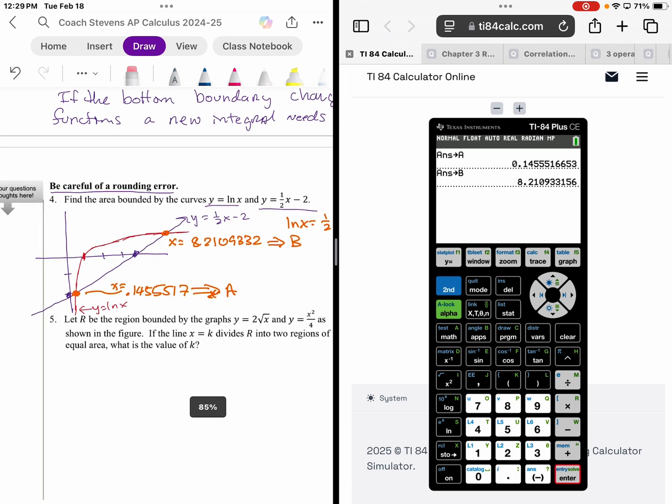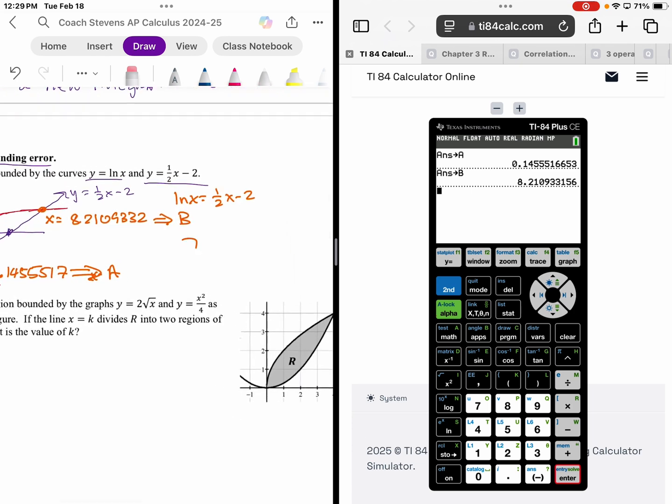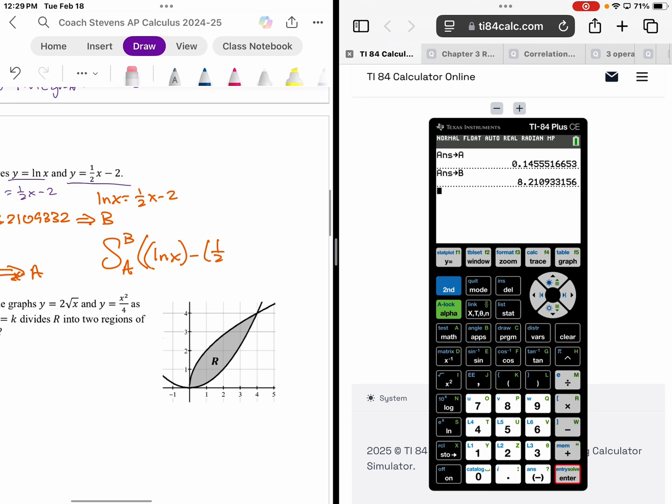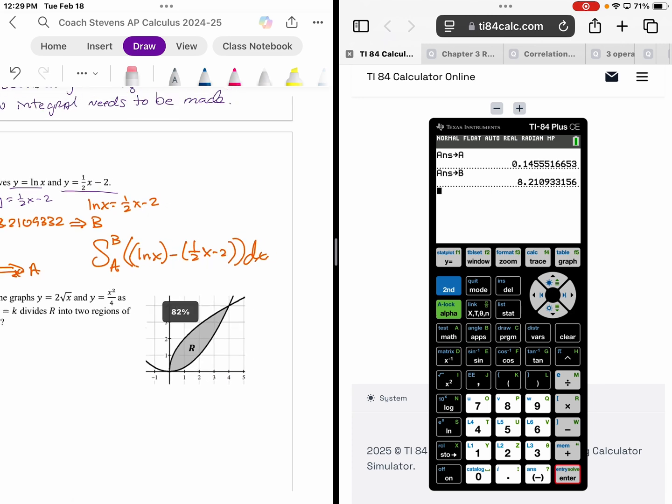And so now they say find the area. So I'm going to find the area from A to B of the ln of x minus 1/2 x minus 2 dx.